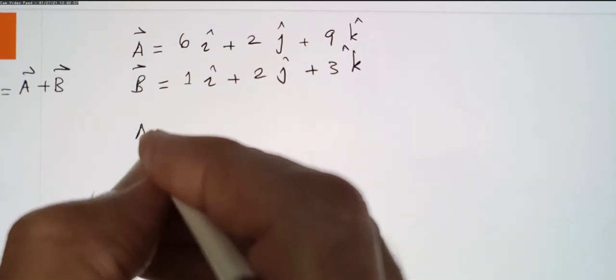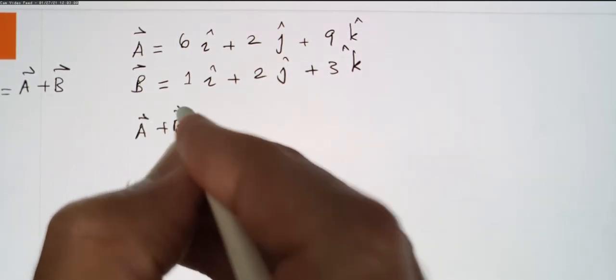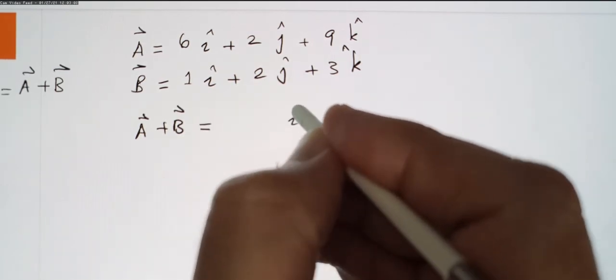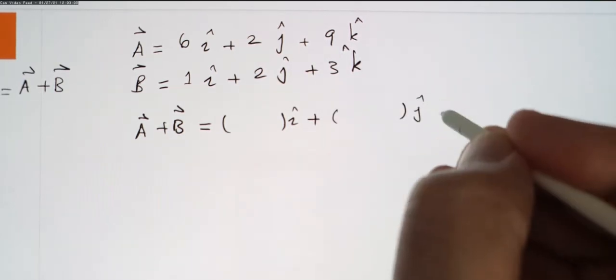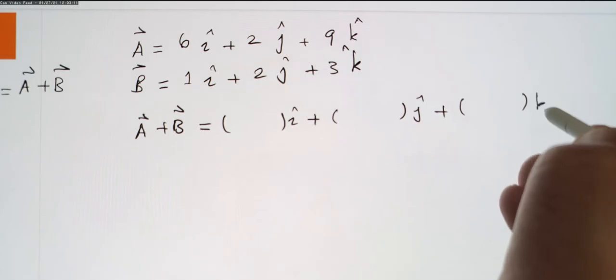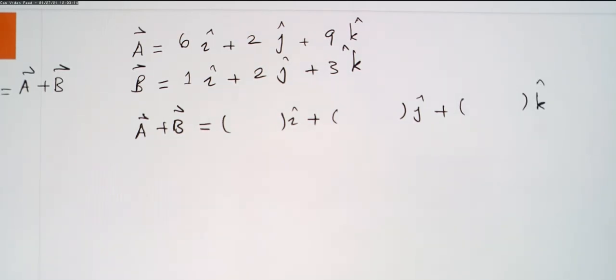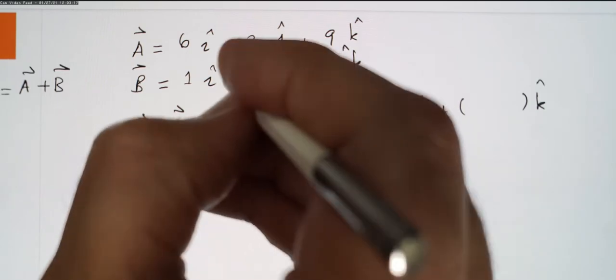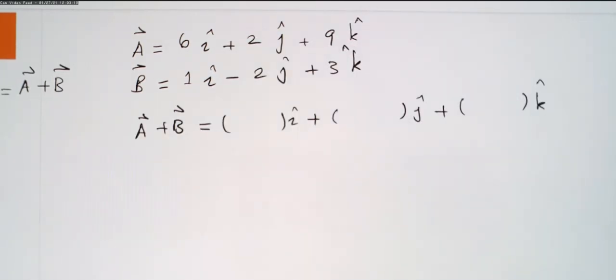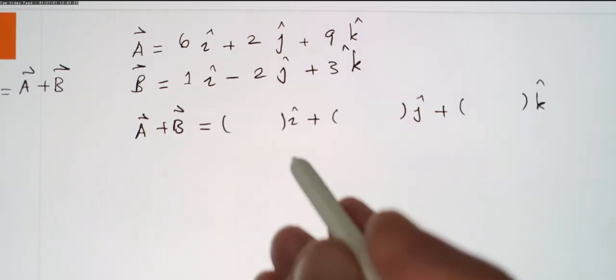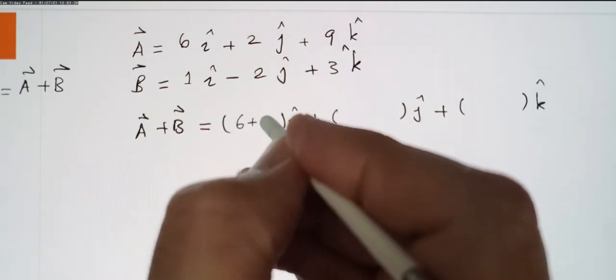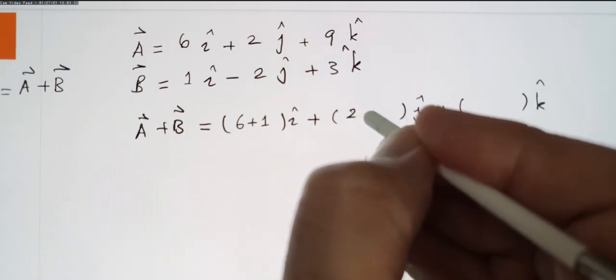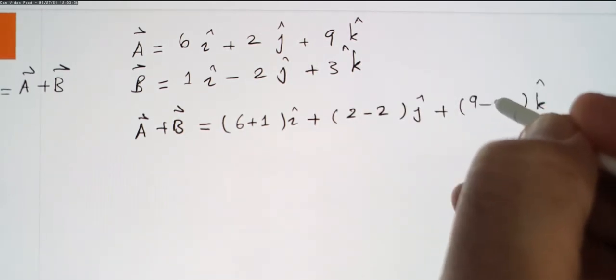Okay, let's do A plus B. I plus J plus K. Make it confusing. Come on, make this one negative. Okay, the I component is 6 plus 1, 2 minus 2, and 9 plus 3.